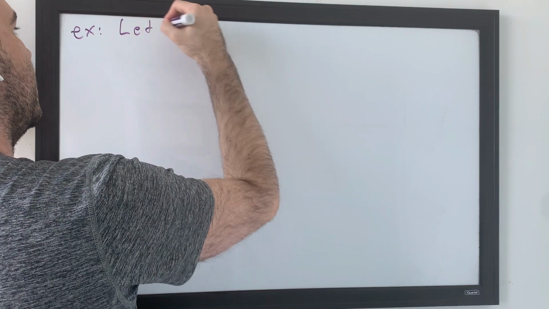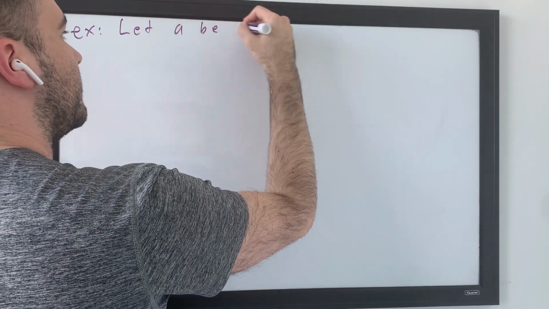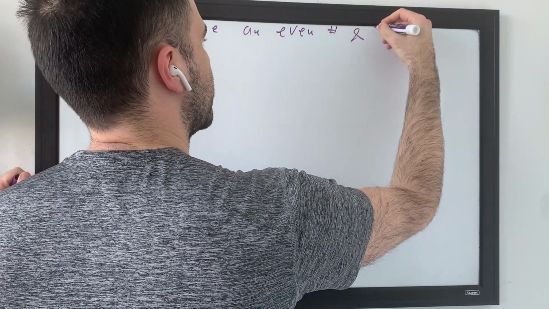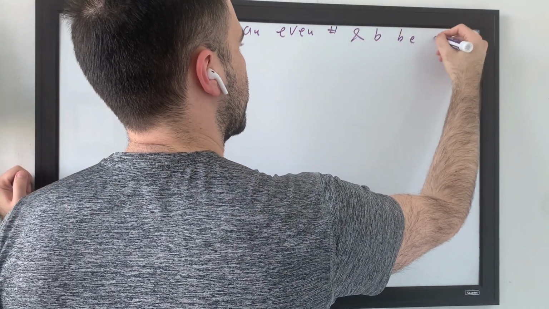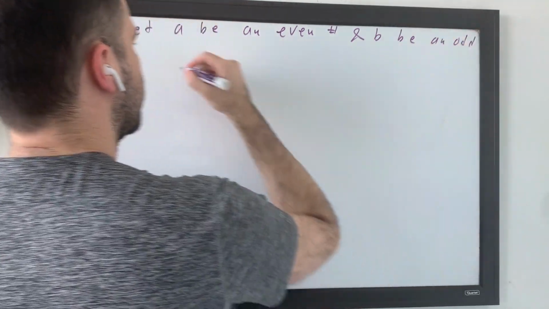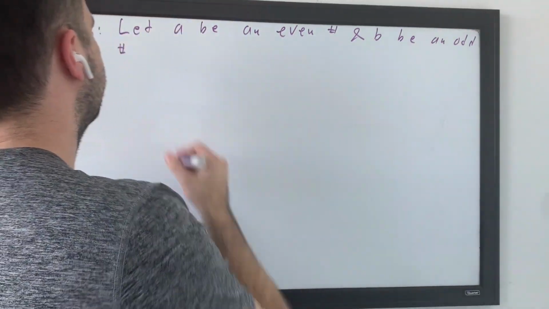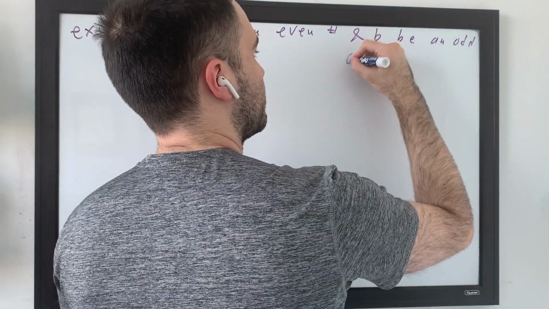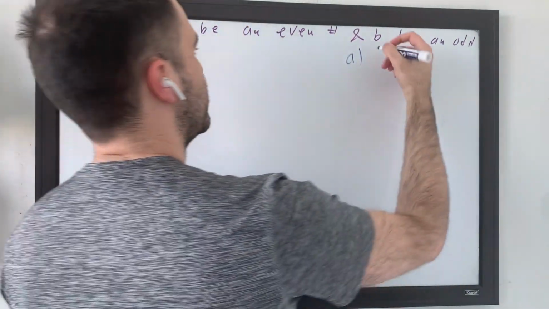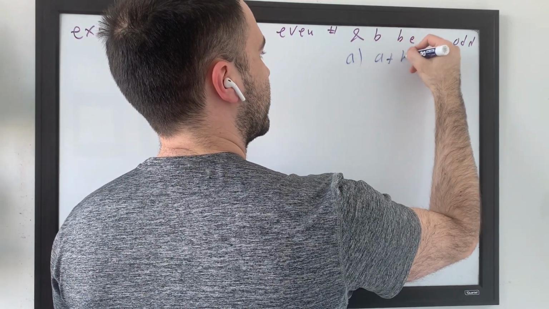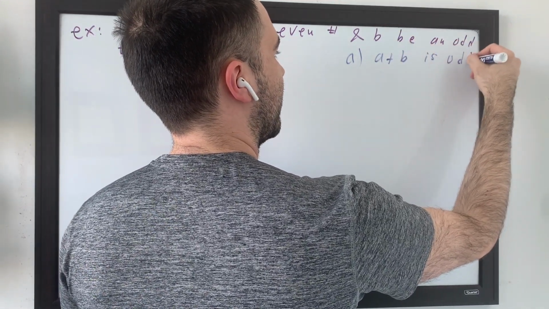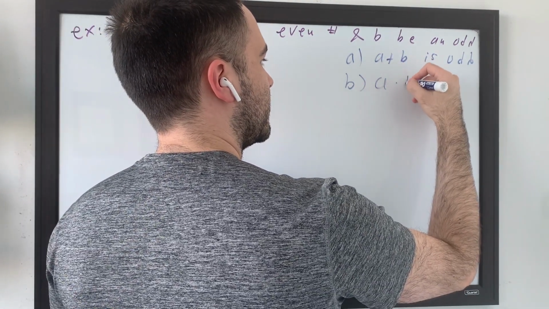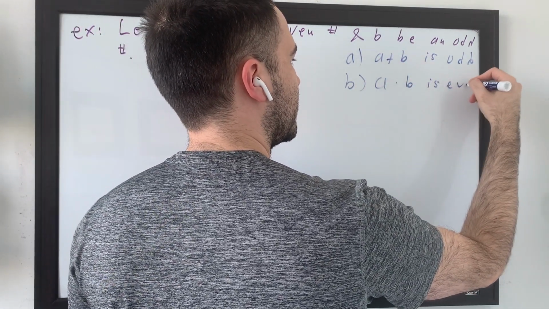Example: let a be an even number and b be an odd number. Part A for this question is going to be show that a plus b is odd. Part B is going to be a times b is even.